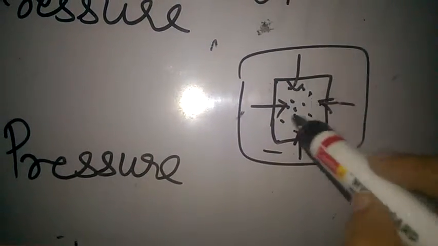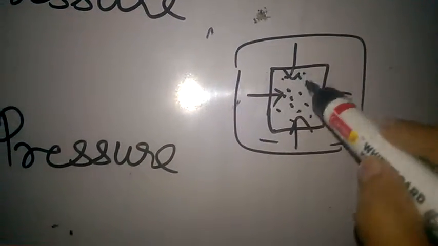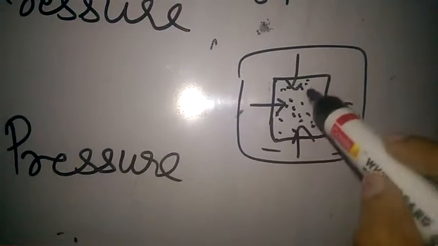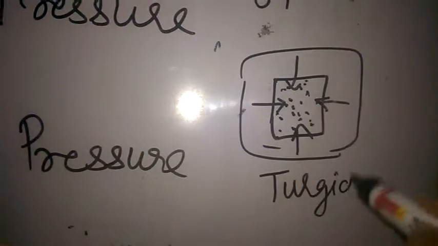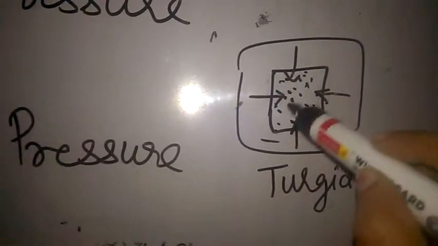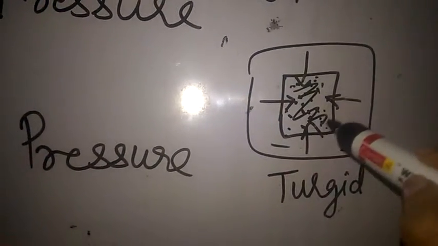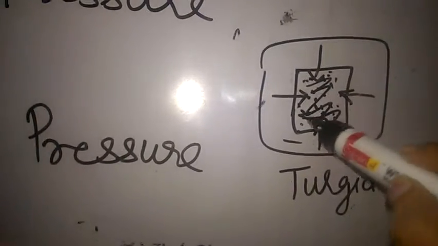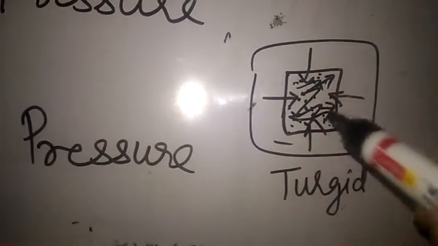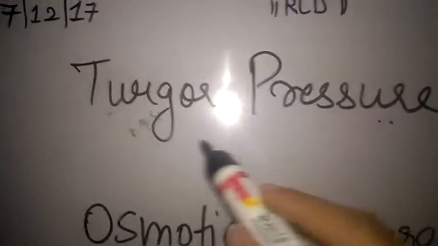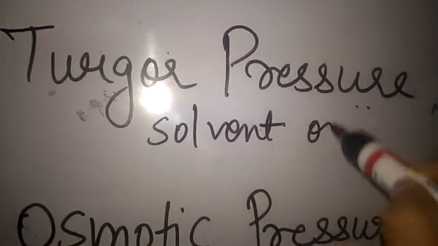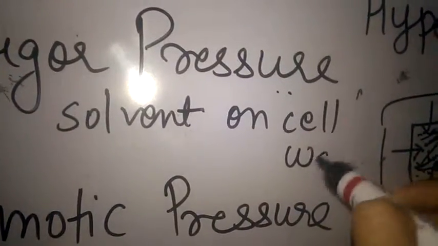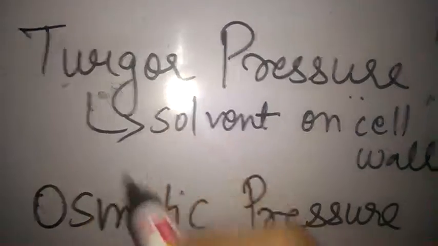When water enters, the plant cell will be filled with water, it will become turgid. Okay. Now these solvent molecules which are present inside the plant cell are going to exert a pressure on the cell wall. This pressure is called as Turgor pressure, that is the pressure exerted by the solvent on cell wall is called as Turgor pressure.